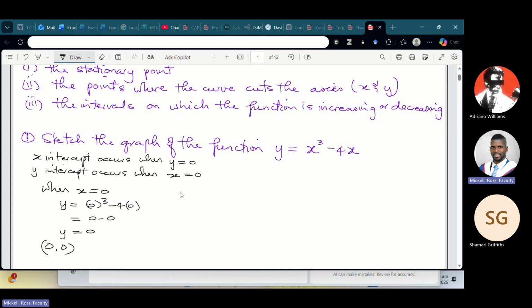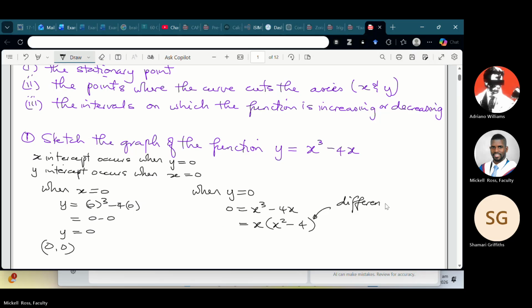And then we're going to look for our x-intercepts. So when y is equal to 0, we get 0 is equal to x cubed minus 4x. Now the common factor here is x, so we can factor out an x, and we're left with x squared minus 4. This here is the difference of two squares, so this can be written as x minus 2 and x plus 2.